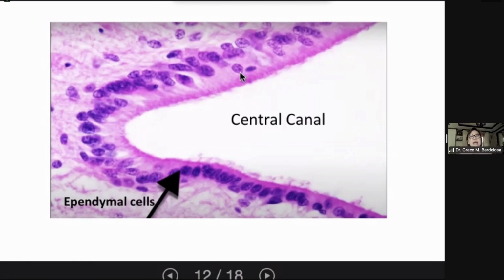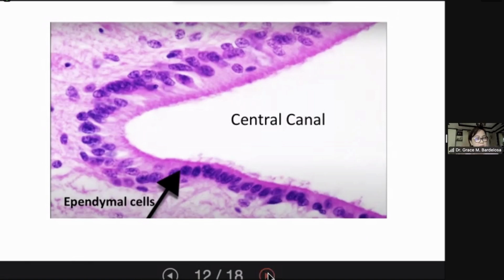Rather, ependymal cells are supporting cells, aka glial cells of the nervous system. Why is this not classified as epithelial tissue? Because the ependymal cells are attached to each other by junctional complexes, but never attached to a basement membrane. It does not contain a basement membrane. And also the presence of the cilia and the microvilli here are seen. Cilia is for the movement of CSF, whereas microvilli functions for absorption.